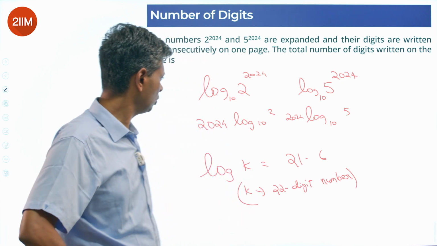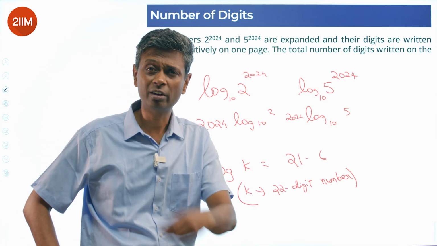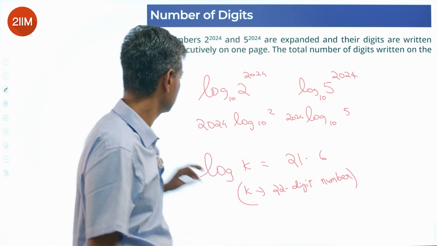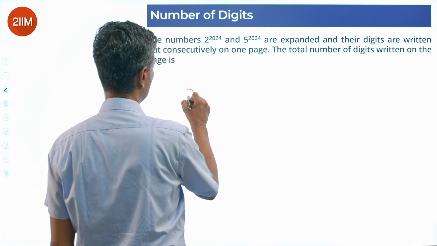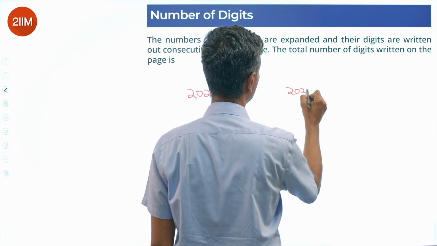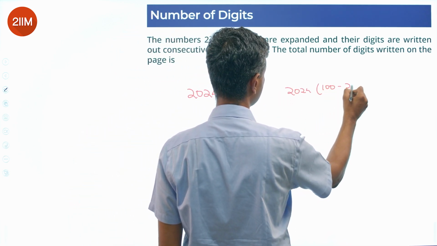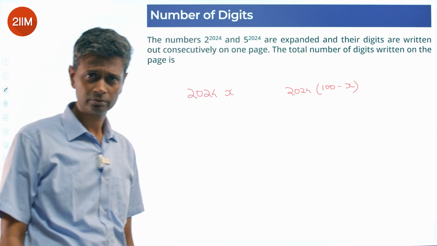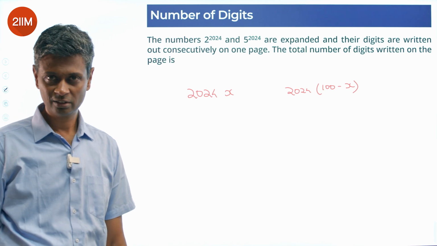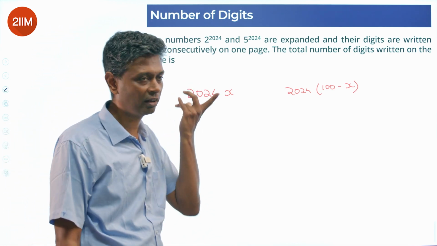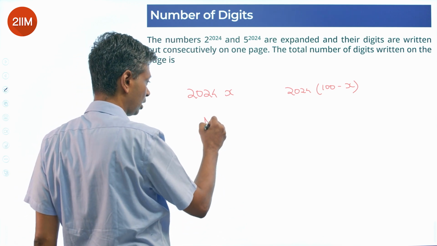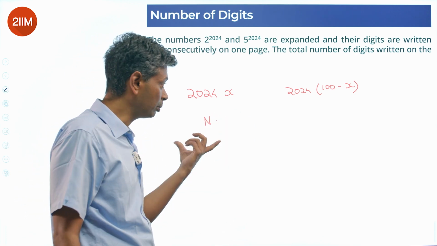Nice. So now log 2 to the base 10, if I call it x, log 5 to the base 10 will be 1 minus x. So 2024 times x, and 2024 times (1 minus x). Right, so this number 2024 times x, suppose this starts with, say, n point something, it will have n plus 1 digits.